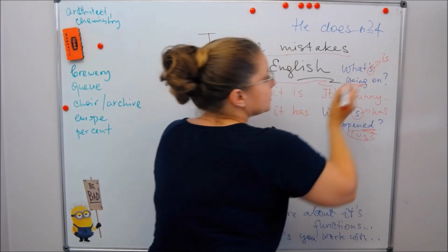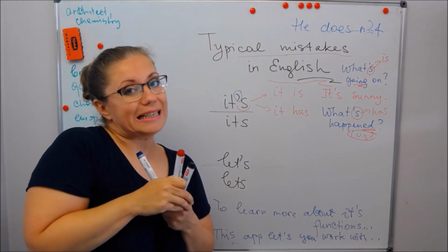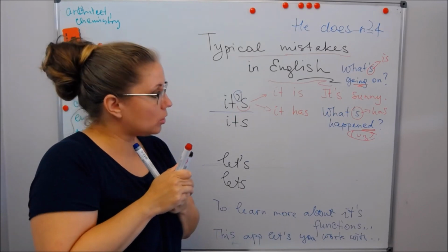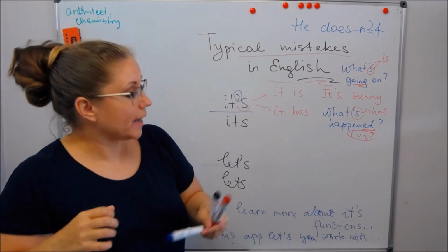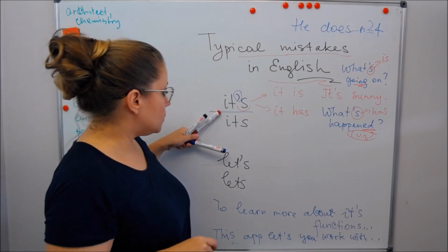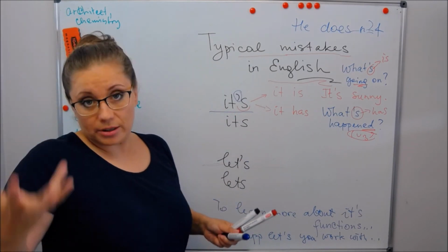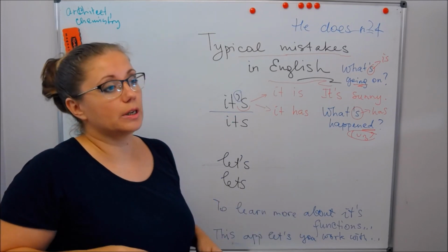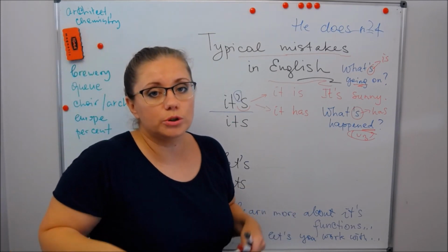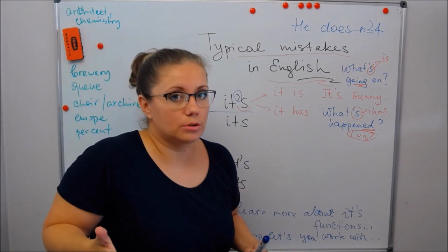This means that it is. What is going on? What's going on? What's happened? What has happened? And if you see this it's, you need to use an adjective after that. For example, it's strange, it's important, it's interesting, and so on.